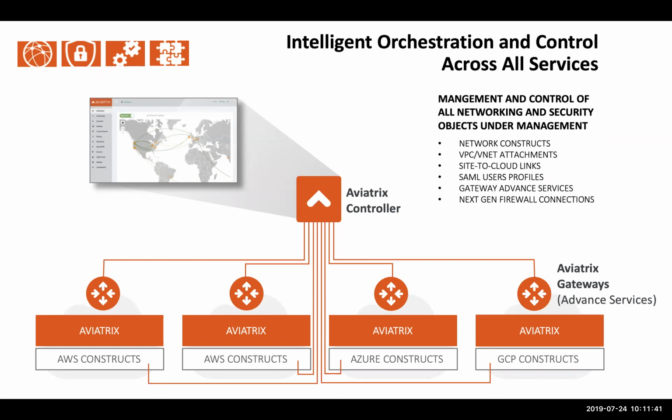And this includes the native constructs in AWS or in Azure or in Google Cloud Platform, as well as all of the VPC or VNet attachments, all the routing tables that are associated with those, any site to cloud links that are being connected to the multi-cloud backbone. It will do SAML-based OpenVPN user profiles that we'll talk about in detail as we go through the presentation.